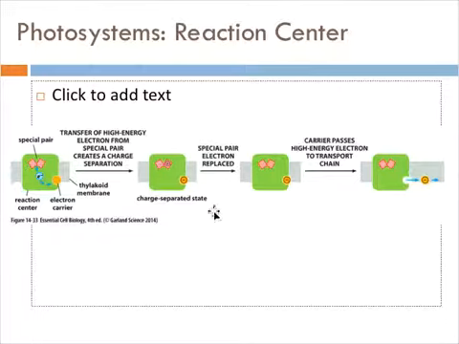We now have a separation of charges, and at that point, we now have chemical energy. Now, what are we going to do with that chemical energy? Send it on down the line. Okay, we're going to move it into the photosystems where we can then utilize that chemical energy to do work.